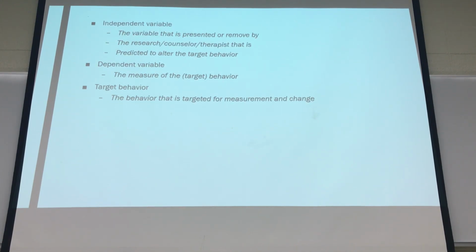So what is an independent variable? This is the variable that is presented or removed by the researcher, by the counselor, by the therapist, and is predicted to change the behavior.